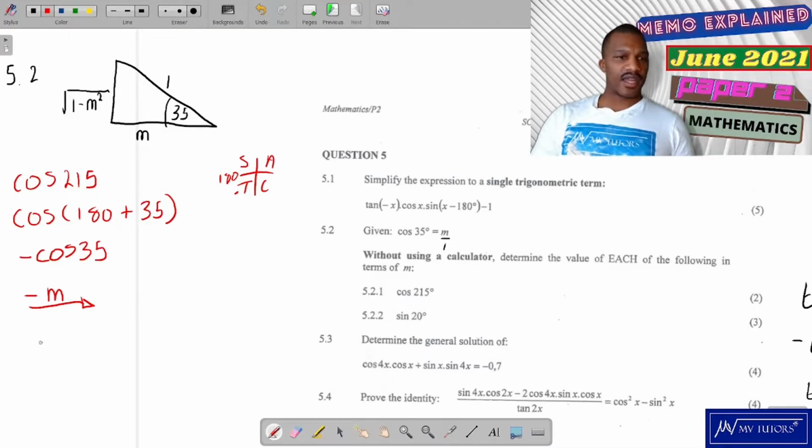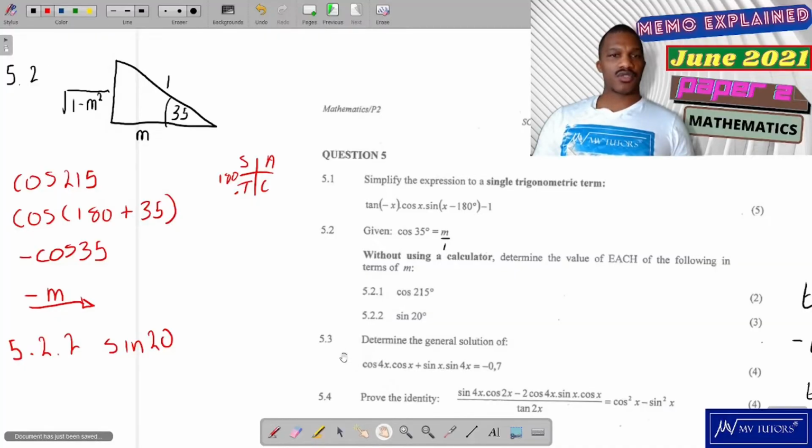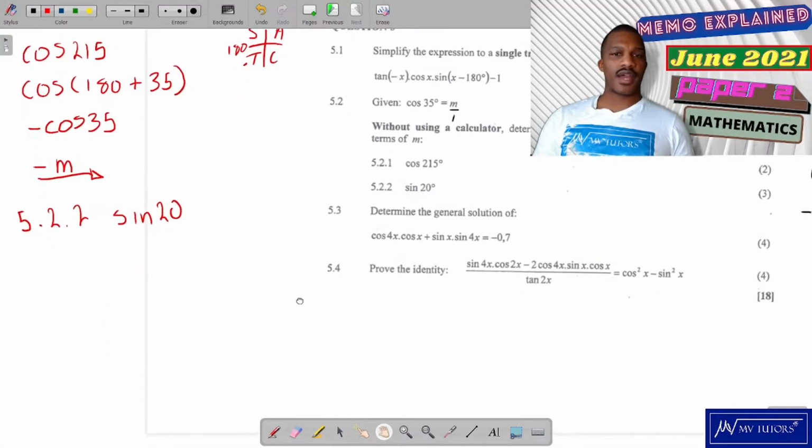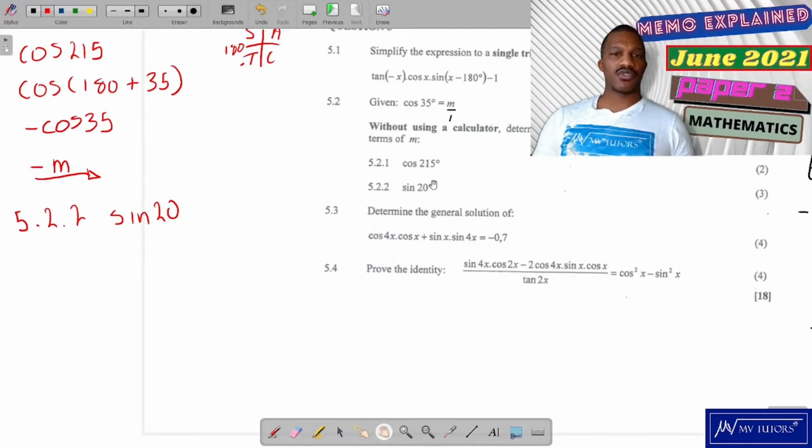Okay. And then now let's do 5.2.2. Wow, this one is a bit tricky. Sine 20. Okay, so we have to work this one out again in terms of 35. So what we're going to do then is split this into 2, right?